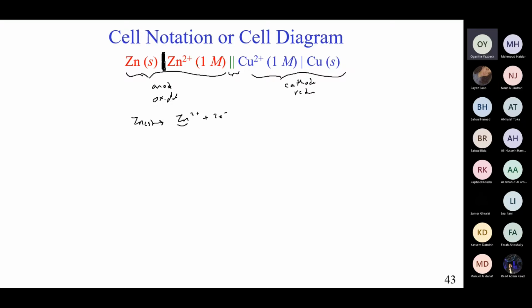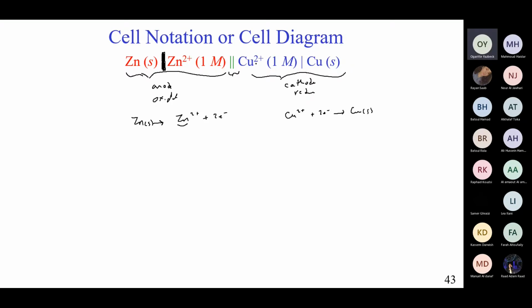Next to the zinc 2 plus, we put the concentration in brackets. That's all the anode. At the cathode where reduction occurs, the copper 2 plus is gaining 2 electrons to become copper solid.